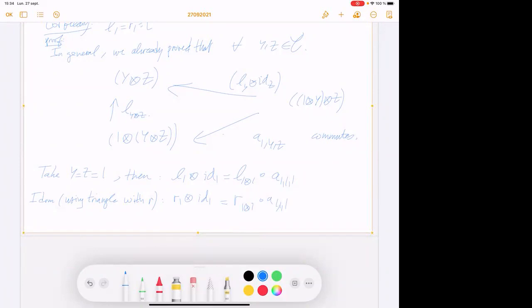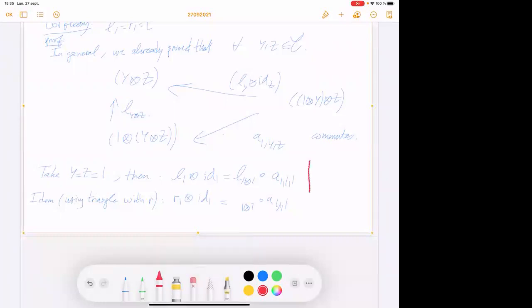L1. Oh, that's the same problem, sorry. So you have this one, the previous triangle.